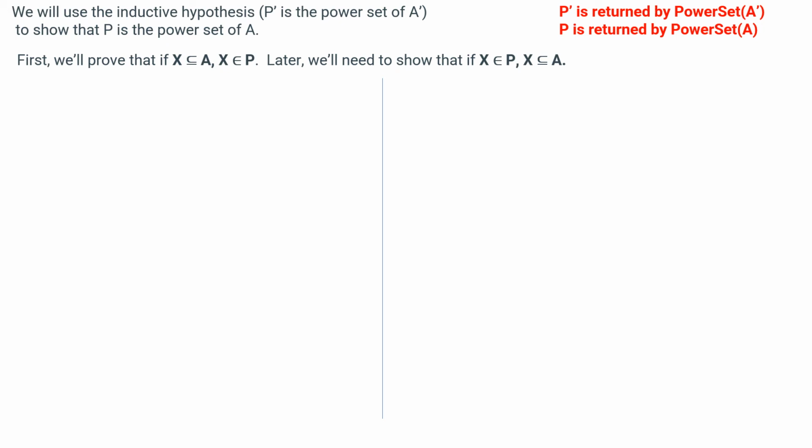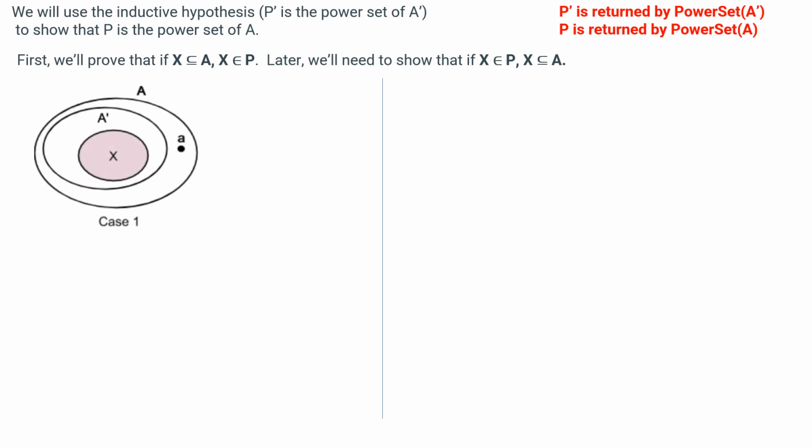But this first part here we're going to prove now: if we have some set that we already know is a subset of A, then it's going to show up in P, and P is what's returned by that algorithm. Okay, so now we've got two cases we need to consider. We might be talking about a set that doesn't include that first element that we take out in that algorithm.